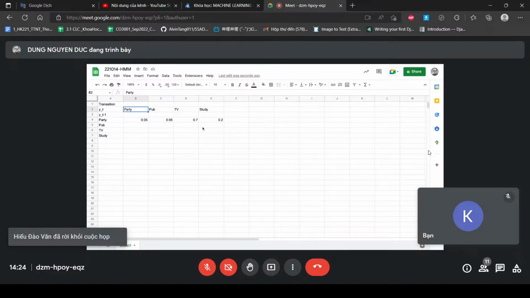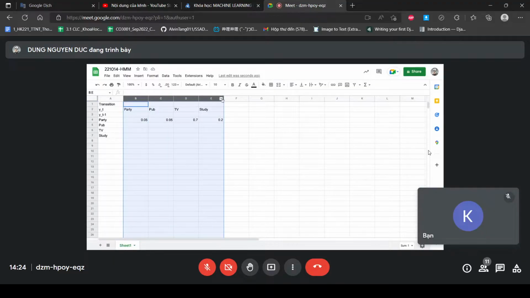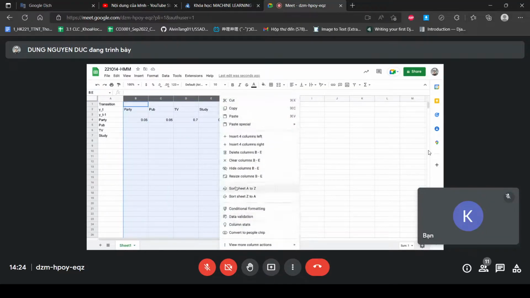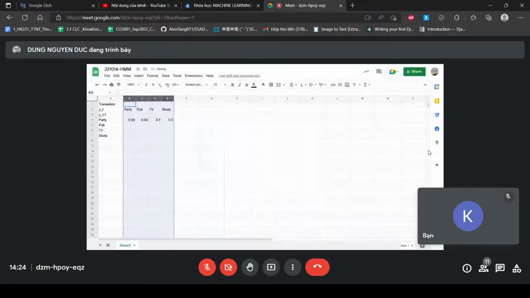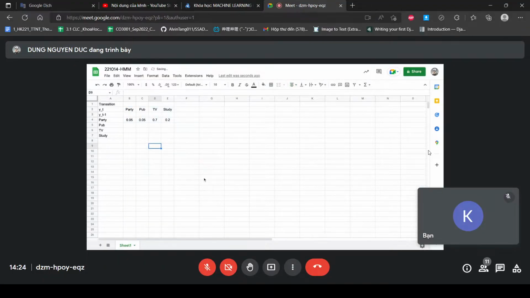Now, I think I would change the column a little bit here. How about 50? Okay, that's good. By the way, let's do it with pop.